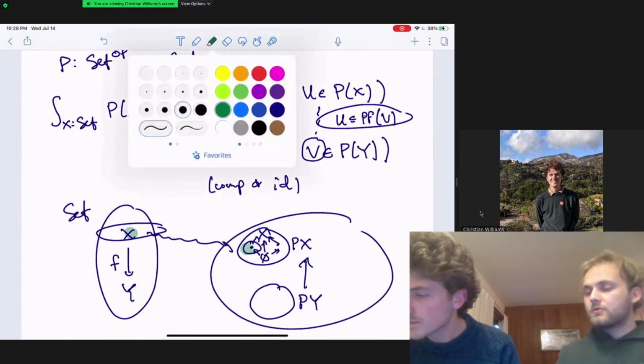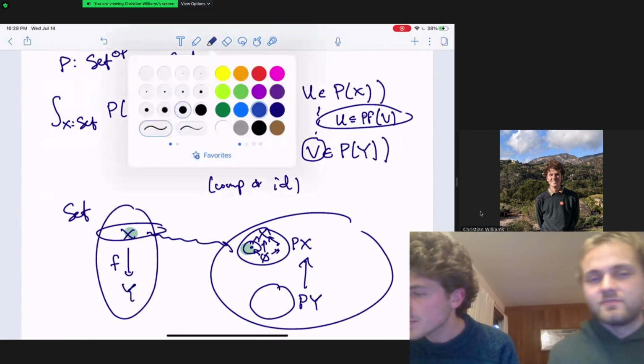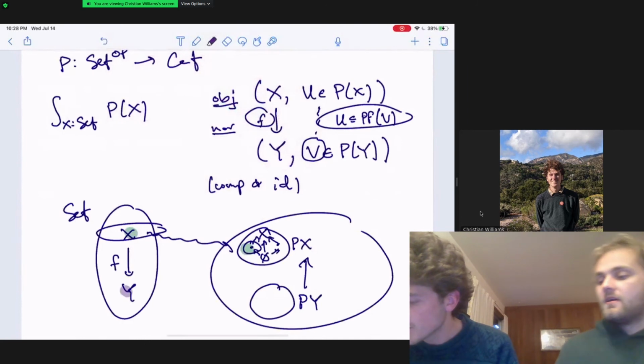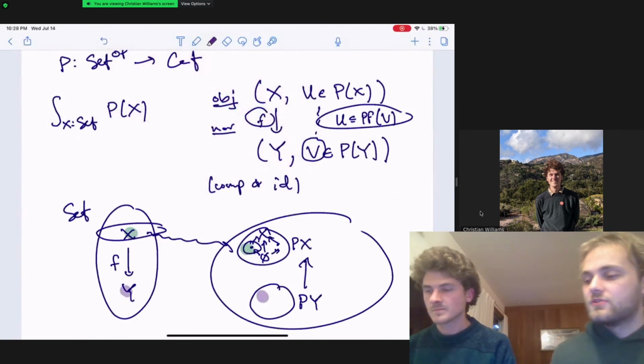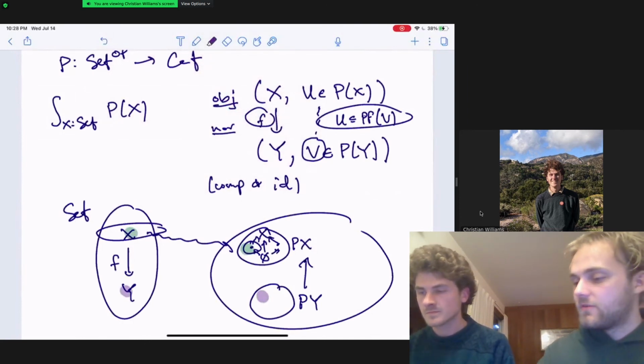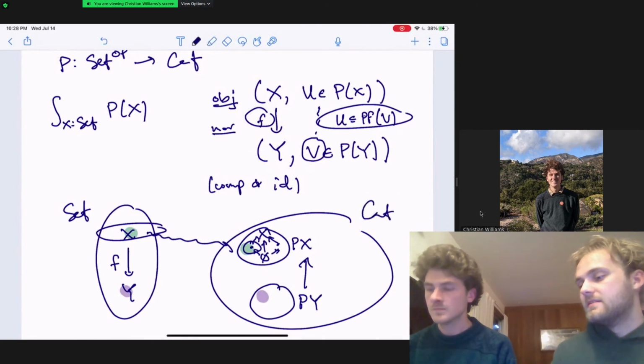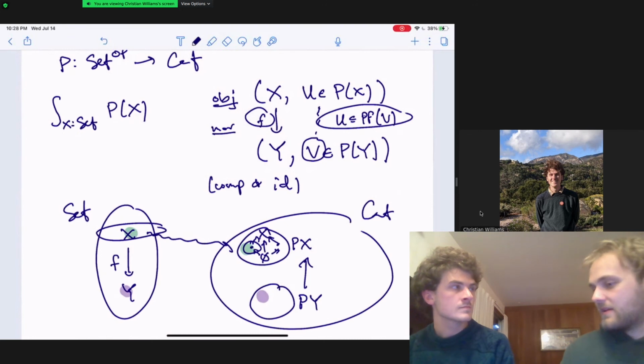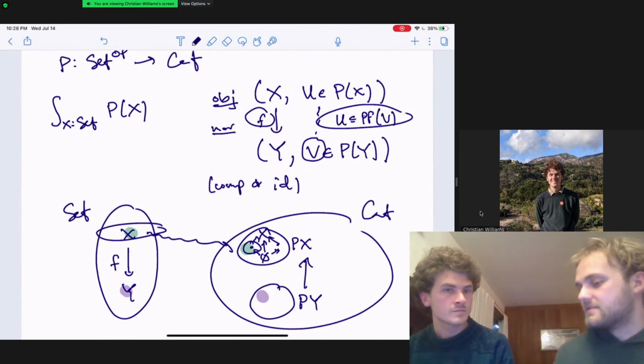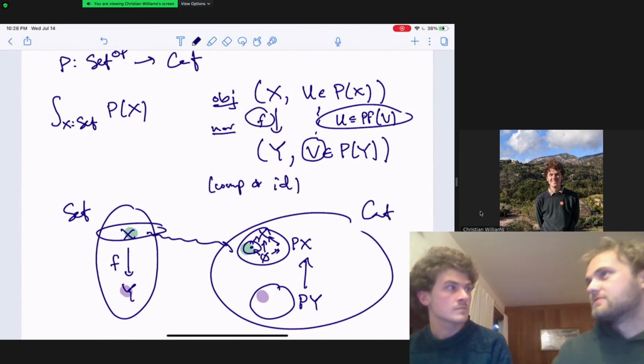I have one more question, and then we should probably break so it's not too long. This functor P is nice because at the beginning we said it sends f to a functor that has two adjoints.